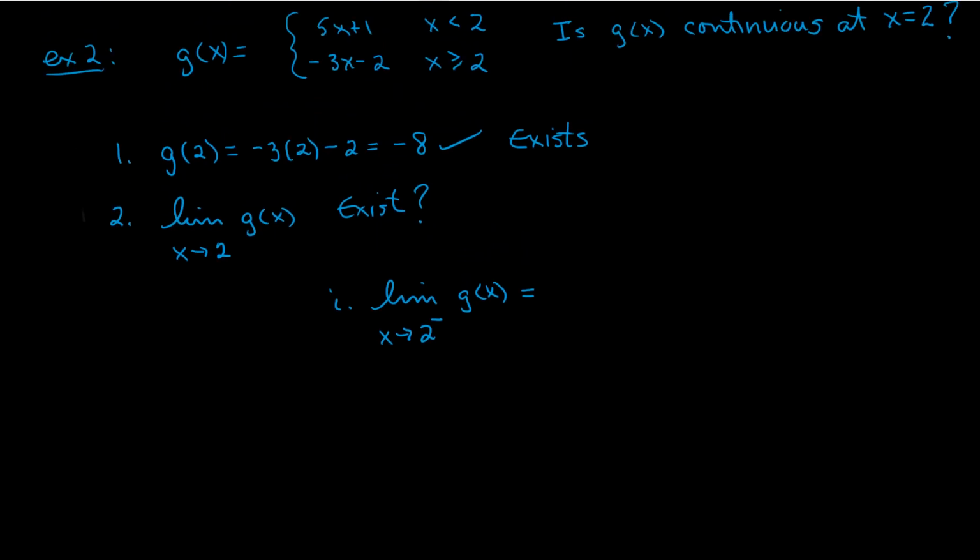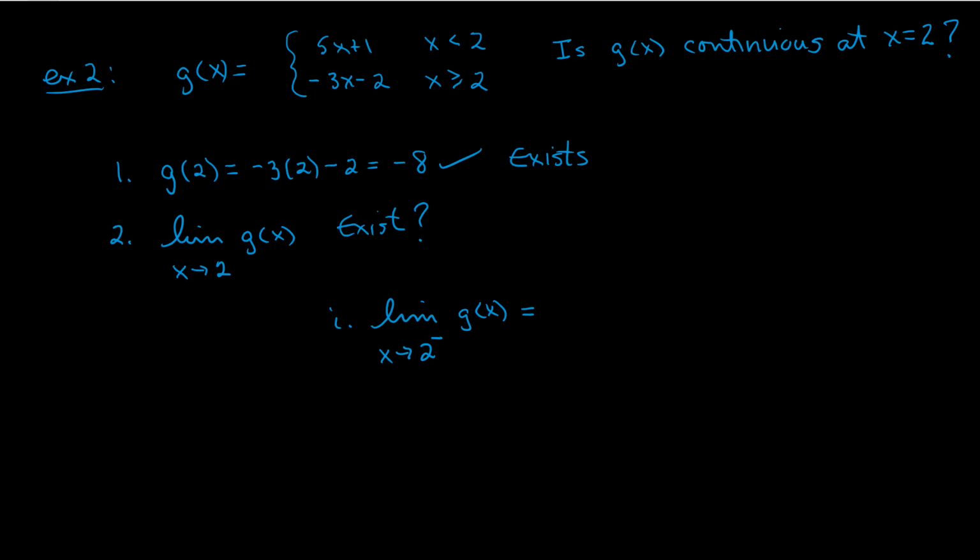Now let's go back up to our function. It's at the top of the screen. If we're approaching 2 from the negative side, think of this again on a number line. Here's 2. If we're to the left of 2, we're going to be at things like 1, 0, -1.